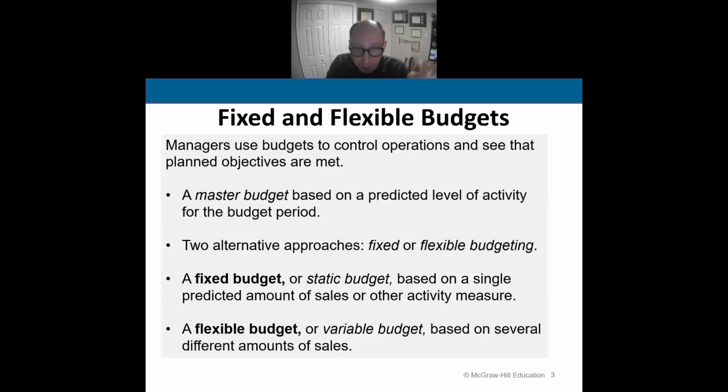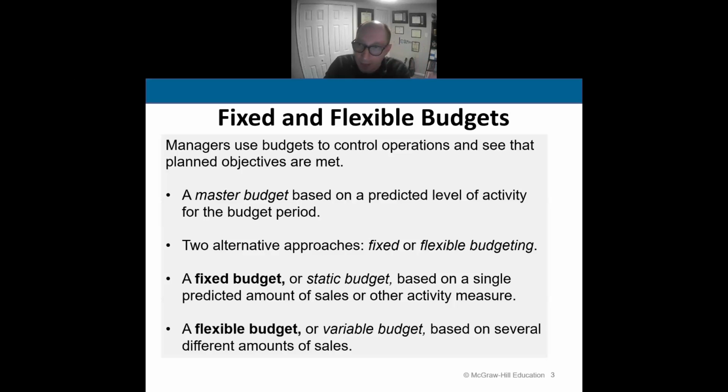There's only a few types of organizations that use a fixed budget. Primarily, the government, the federal government, the state government, the city government, the local agencies within those governments. They all use fixed budgets. Why? Because of the process that they go through for budgeting. Here's the amount you got. Now you got to use it.